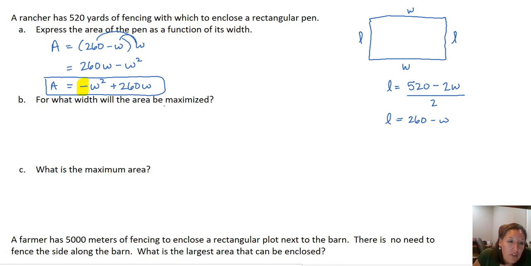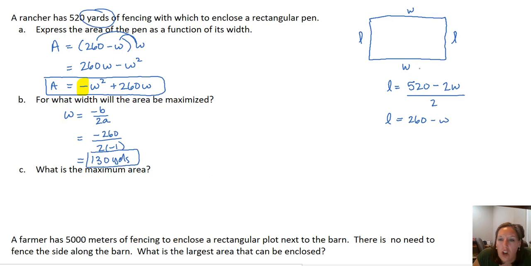And the width at the vertex, the width here is our independent variable, so that's going to be at -b over 2a, where b is our coefficient on W, so we get -260 over 2 times our a value, which is -1, and -260 divided by 2 times -1, the negatives are going to divide out. 260 divided by 2 is 130, and the units on this are going to be in yards.